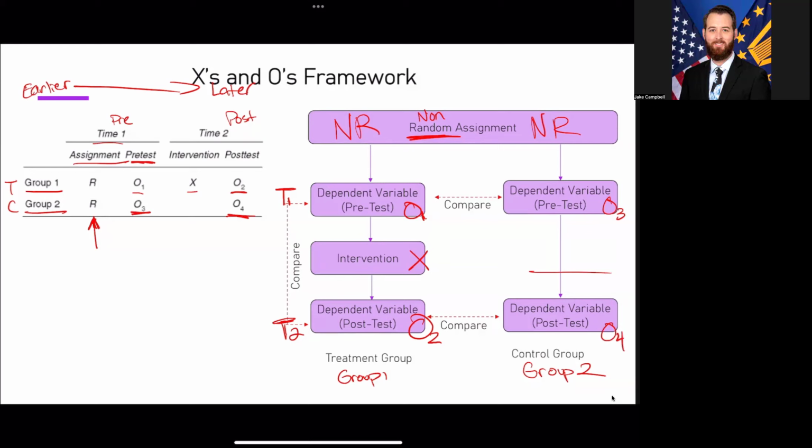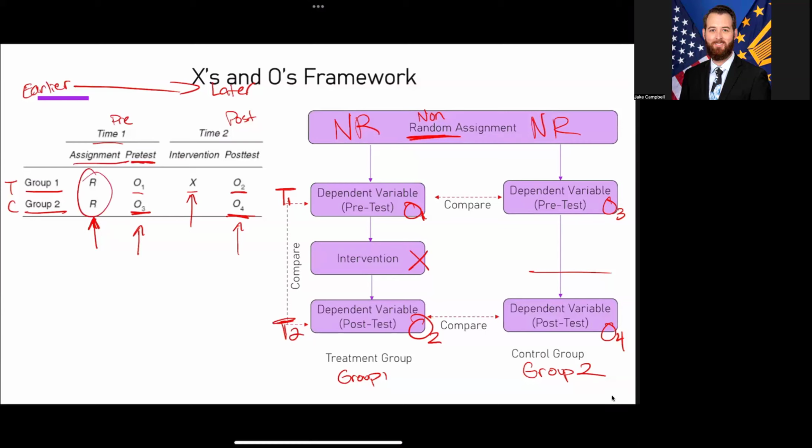So you can see what we have outlined on the right is a graphical representation, whereas the X's and O's framework we have on the left-hand side is a more simplified and streamlined version of communicating the same type of information. Each time we have an observation being collected simultaneously from one or multiple groups, it's indicated with an O. Whenever there's an intervention or manipulation applied, we have an X, which indicates within which group and at what point that occurs.